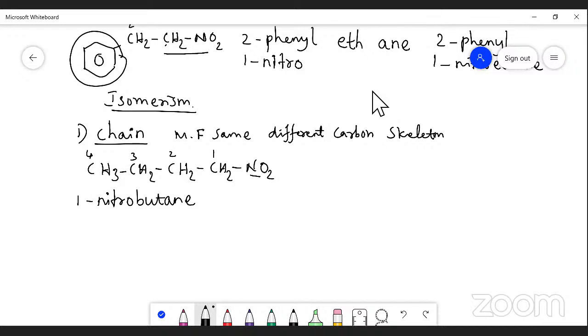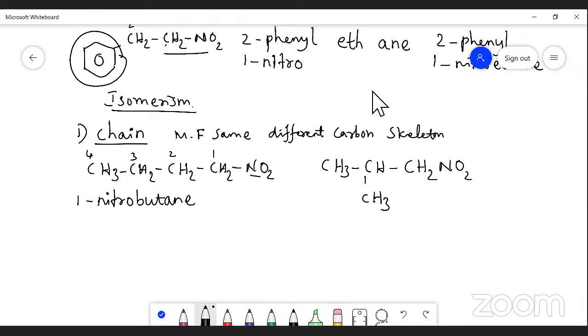Now, how does this compound exhibit chain isomerism with another compound? That compound also has the same molecular formula, but a different carbon skeleton. How? Take CH3, CH3, CH2, NO2.